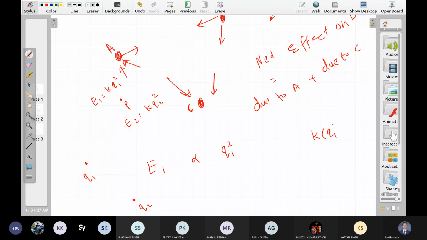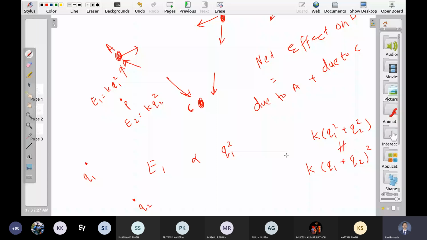This much. But if both the charges are there, then the electric field should be this, right? Are they equal? No. So it is not the case that the superposition principle is a natural principle.